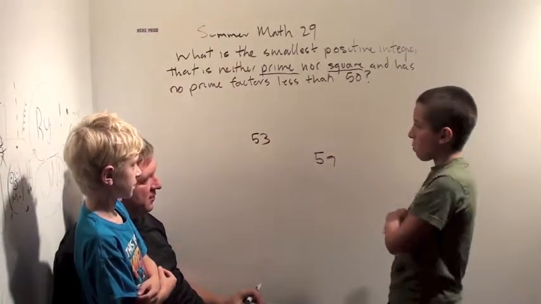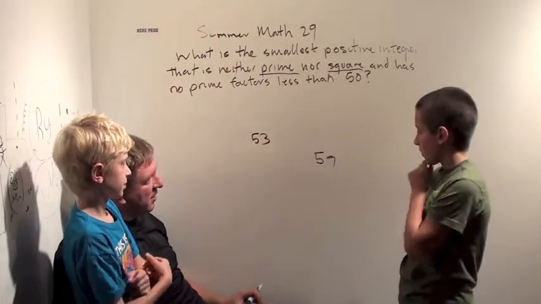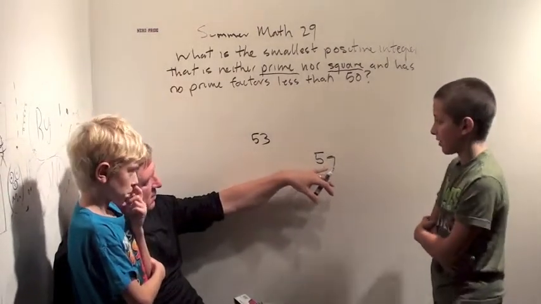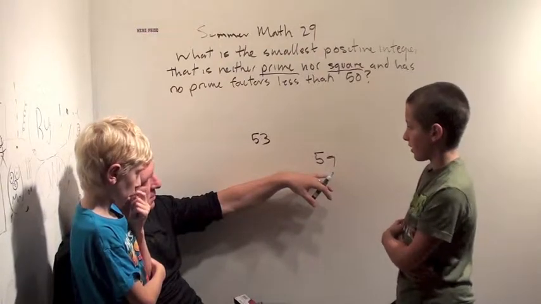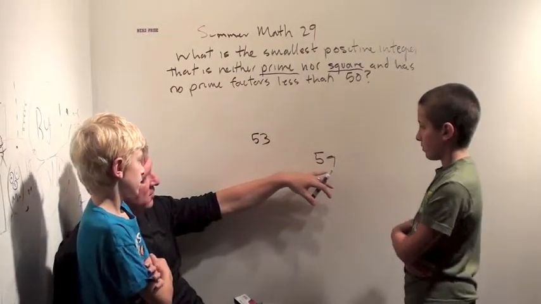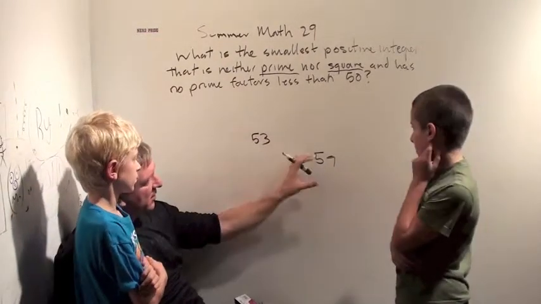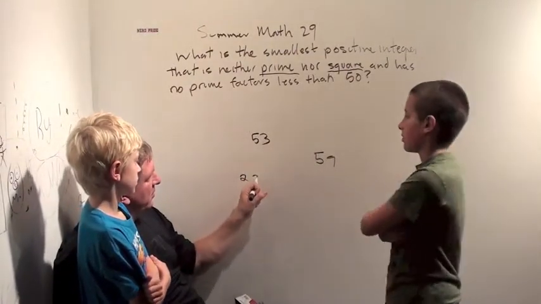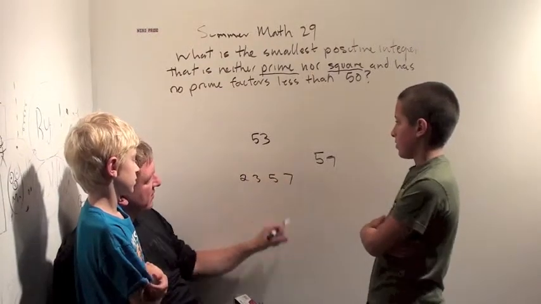Now are 53 and 59 prime? You've got to check up to the square root, right? So that would mean up to 11. Well, not including 11. What's the nearest number bigger than this? 8. So you've got to check up to 8. So we just have to check 2, 3, 5, and 7.